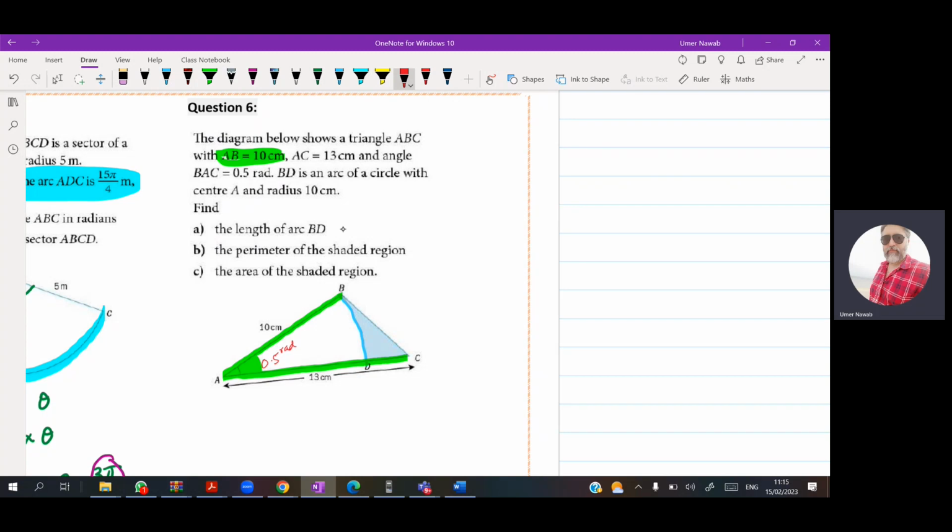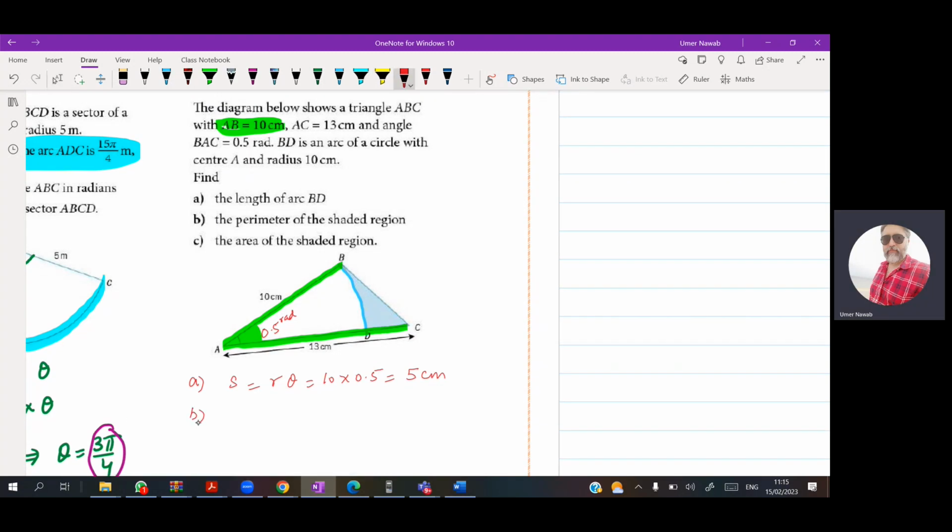Done. Am I ready? So how can I find the arc length BD? S equals r theta. Radius is 10 and theta is 0.5. So my answer is 5 centimeters, the arc length. Next part is find the perimeter of the shaded region. For perimeter, you need to understand it is arc plus DC plus CB.